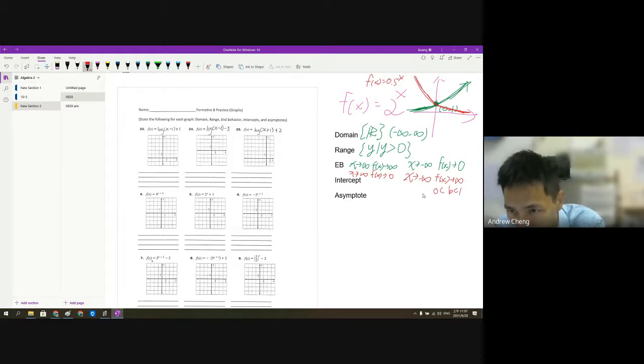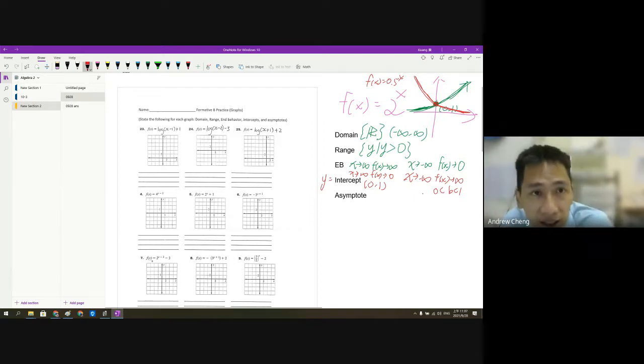For the intercept, there's no x-intercept. The graph will not intersect the x-axis. So there is only the y-intercept, which is this point, (0, 1). The asymptote is usually a vertical or horizontal straight line.